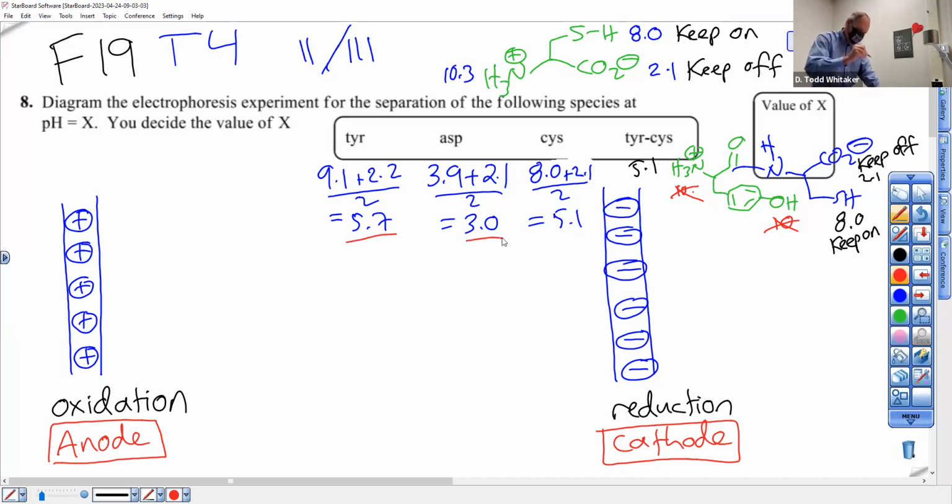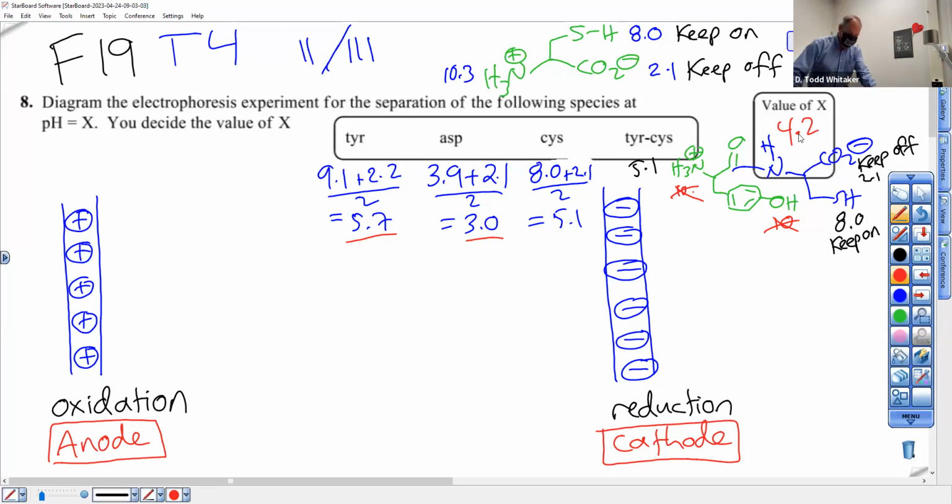She was 1 above the 3.0 and 1.7 below the 5.7. She could have gone like 4.2 to get a little better. 4 I would take. It's fine. Okay. 4.2 is a little more in the middle of those two numbers. As long as you give me something reasonable that doesn't crunch all of your amino acids towards one of the electrodes. That's what I'm doing here.